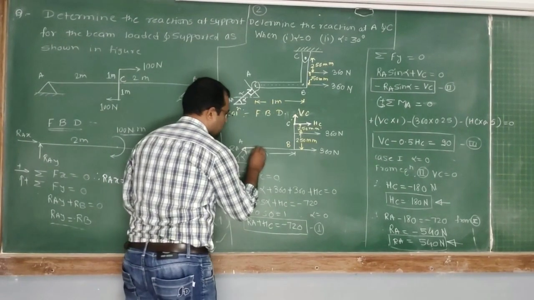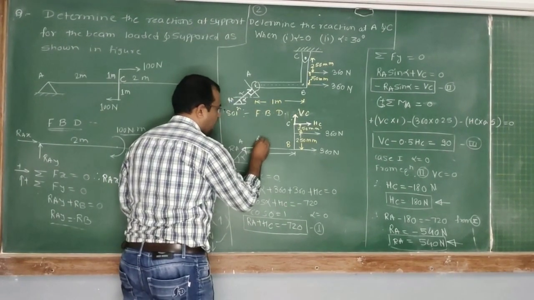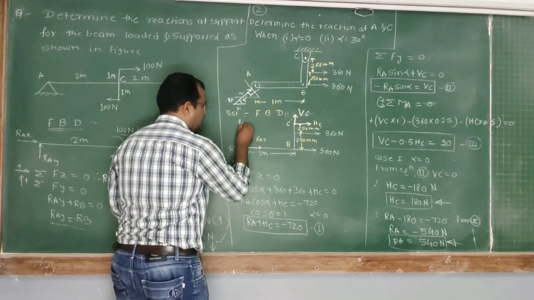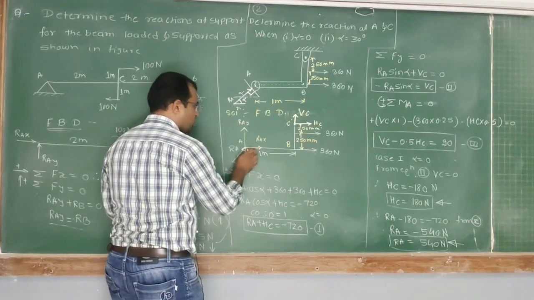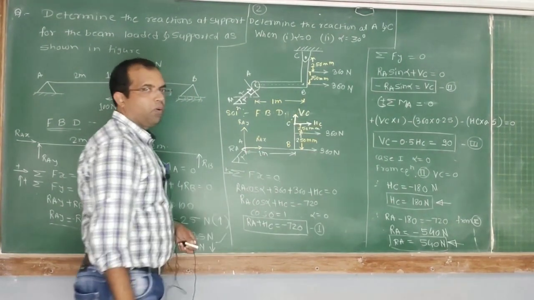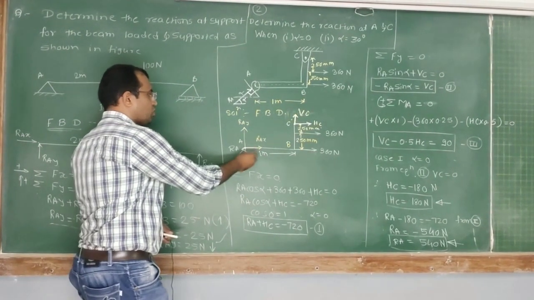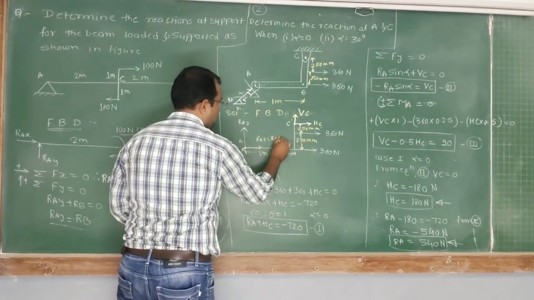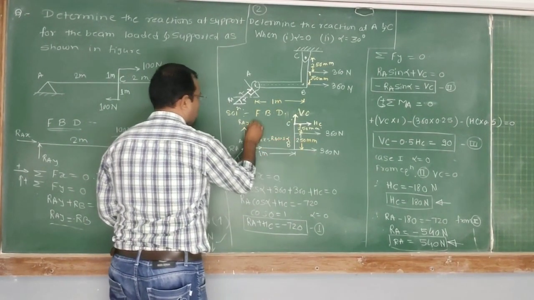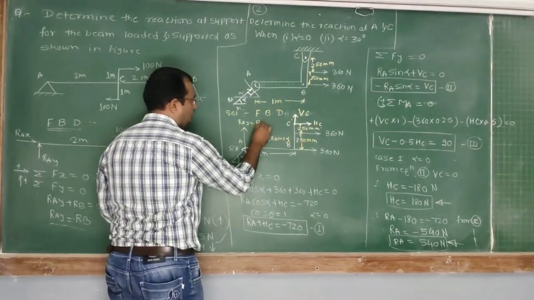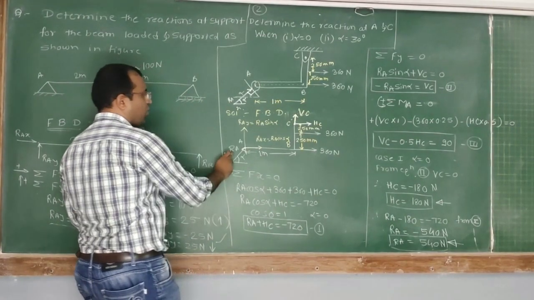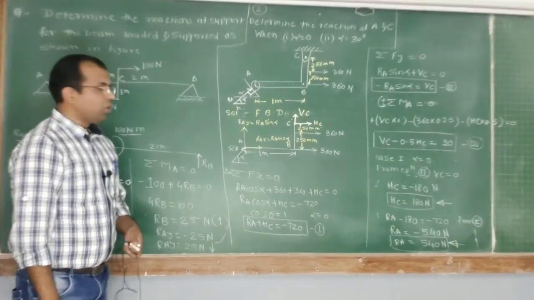Let's say this x component is RAX and the y component is RAY. I have resolved this force into its two components, because this force is inclined. So RAX is nothing but RA cos alpha, and RAY is nothing but RA sin alpha. These two are the orthogonal components of RA.